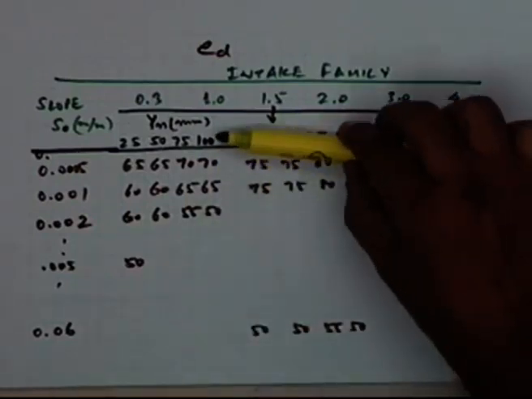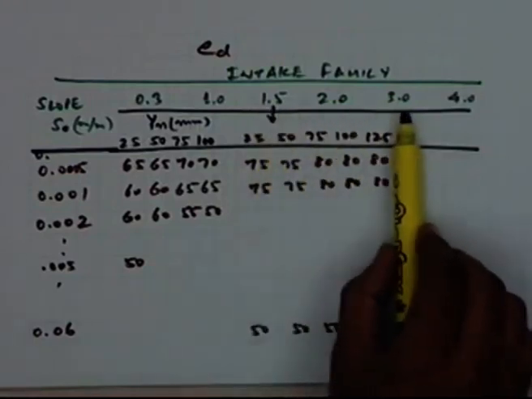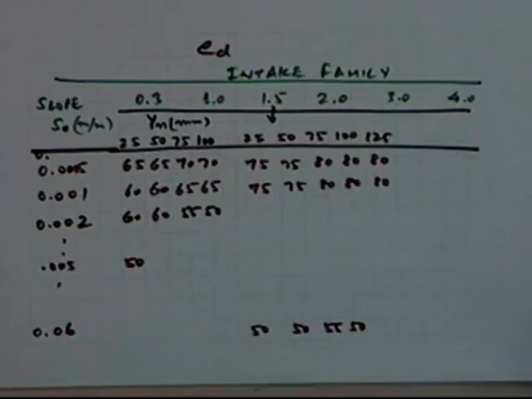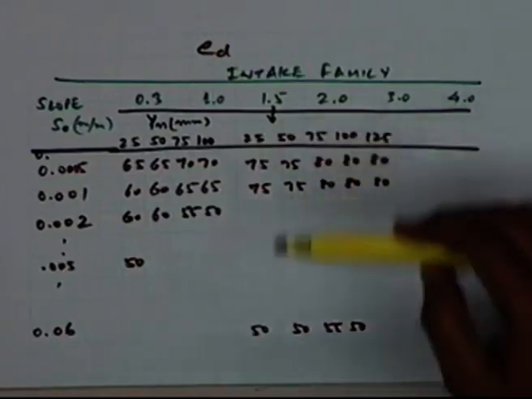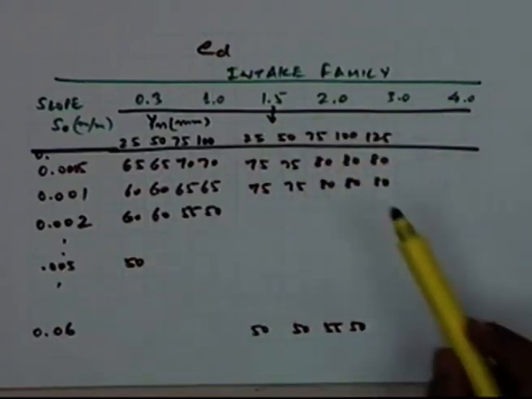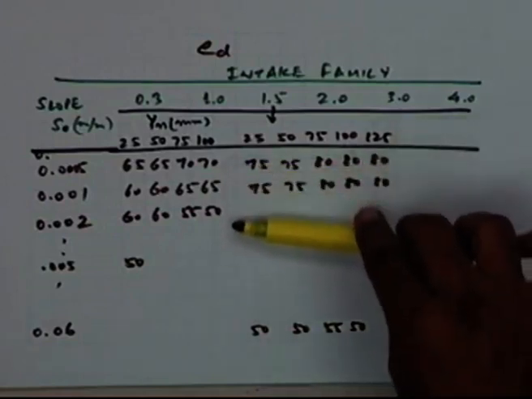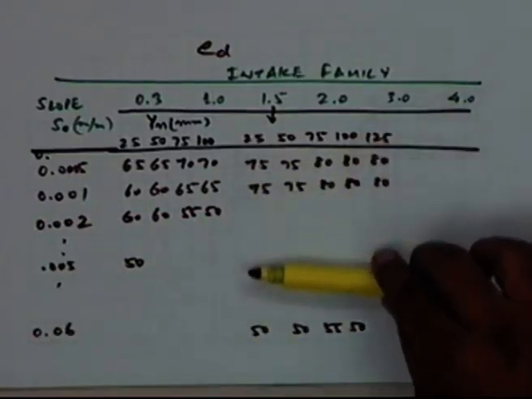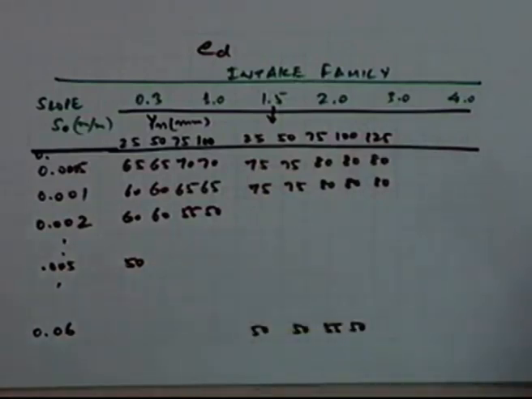But in this range, somewhere from 1.5 to 3 intake families, you will have quite reasonably good intake and the efficiencies which are achieved. But as you increase the slope, there will be deterioration of those achievable efficiencies.